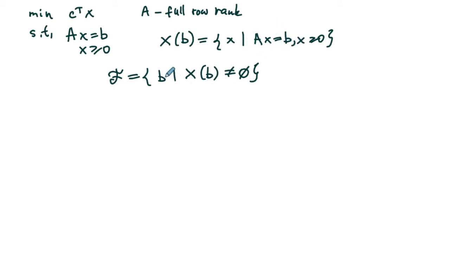And we want to have feasible b, so it means that there must be x's such that Ax equals b. So essentially this is the set of all the b's given by Ax where x is greater than or equal to 0. Alright, so these are defined by linear equations, and obviously this set F is a convex set.